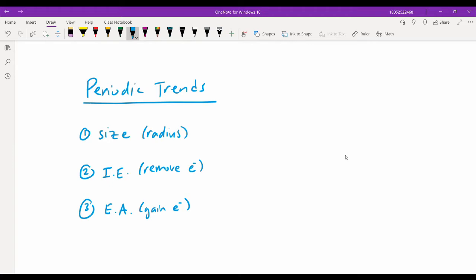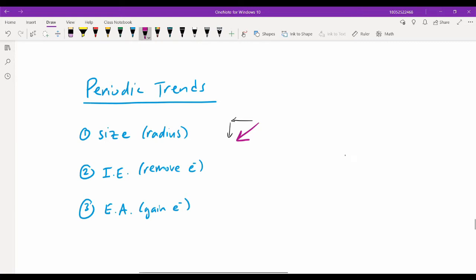But what I would remember mainly is the trend. You have a left and right and up and down trend, and you can remember it's going to go like this and like this for size, or what's just easier is down and to the left. That's the combination arrow. So size gets bigger as you go down and left.